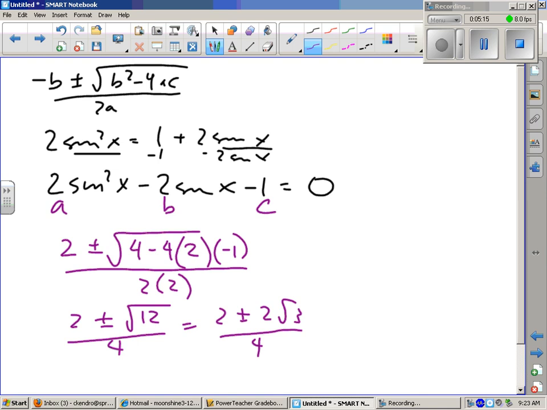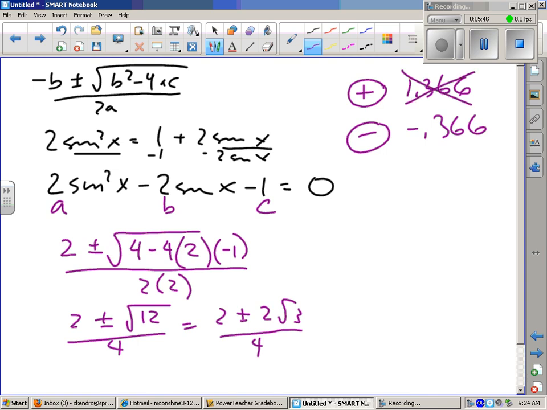The plus version, 2 plus 2 root 3 over 4, I would get 1.366. The minus version, 2 minus 2 root 3 over 4, I'll get negative 0.366. It's just kind of a coincidence they're both 366. That doesn't usually come out that way. Now what did we say about sines and cosines being above 1? We can just throw that one out.